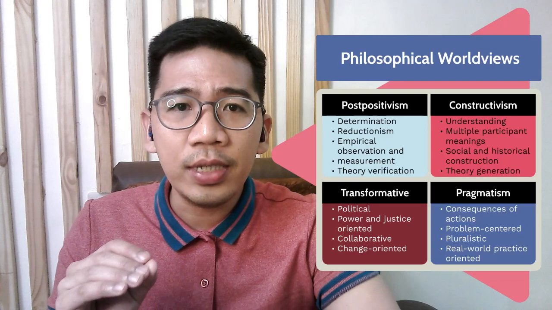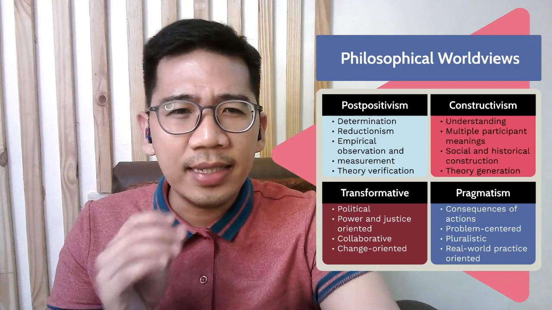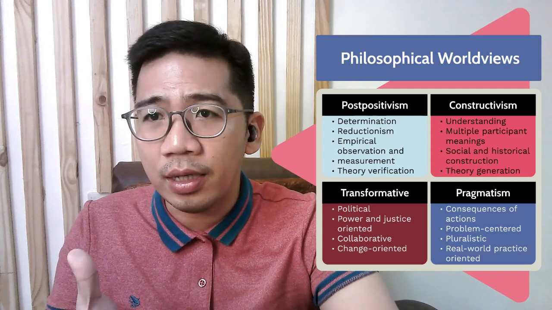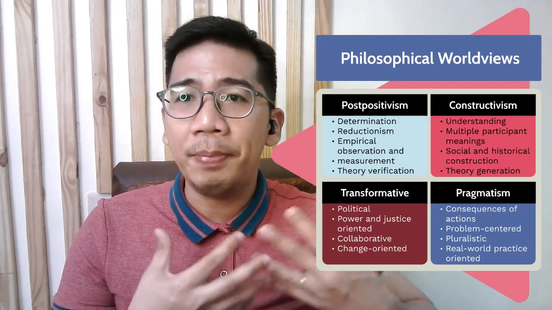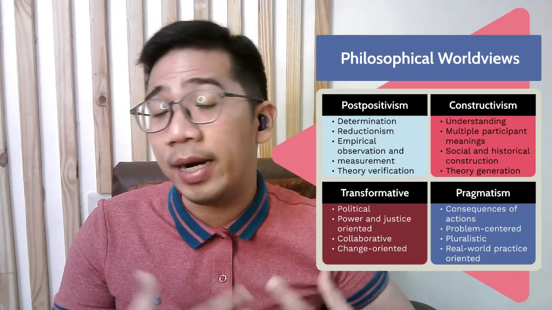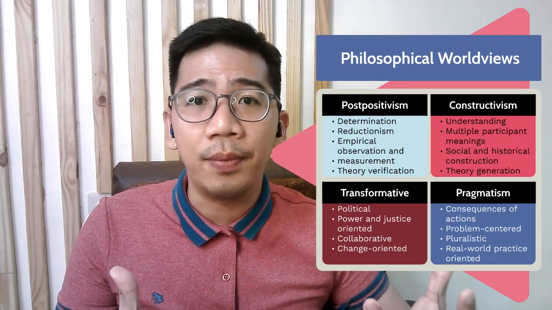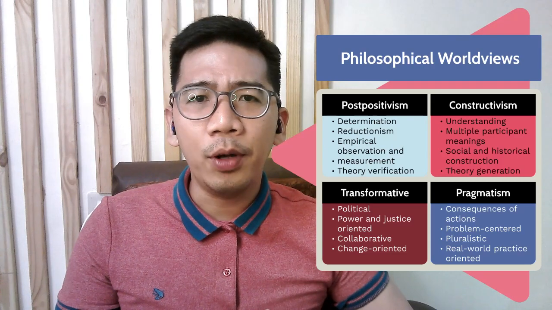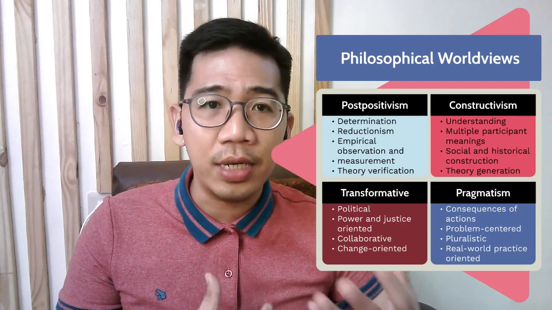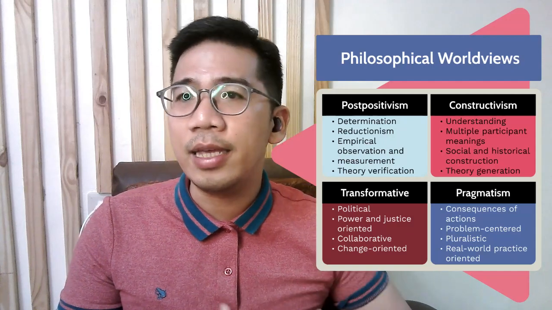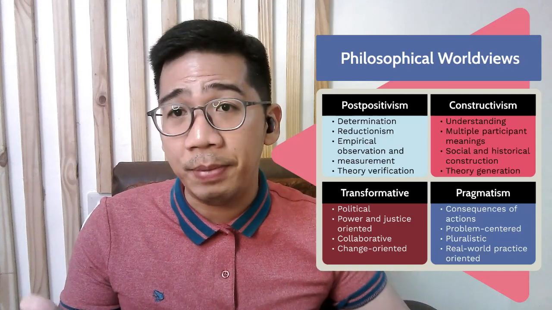Now, the worldview is not defined by a single body of research, but it does include critical theorists, participatory action researchers, Marxists, feminists, racial and ethnic minorities, people with disabilities, indigenous and post-colonial peoples, and lesbian, gay, bisexual, transsexual, and queer people.